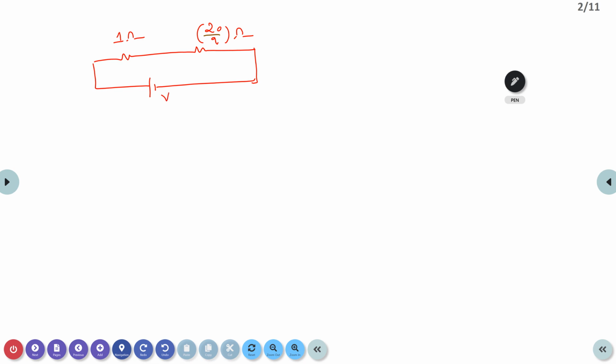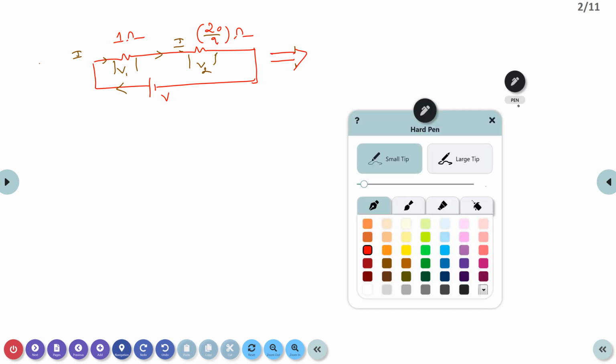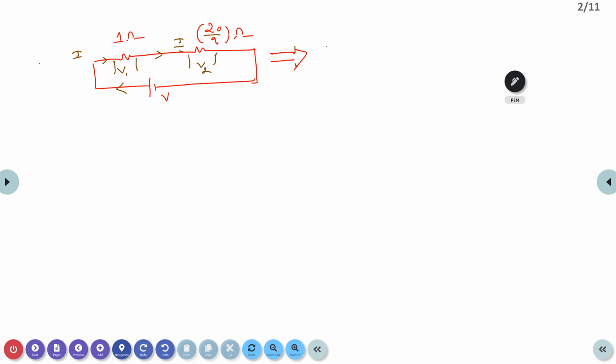Voltage is V. The same current I is passing here and here, but here the voltage is different: V1 here and V2 here. Now I will draw the equivalent series combination.